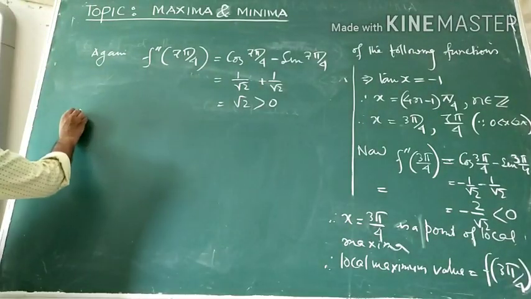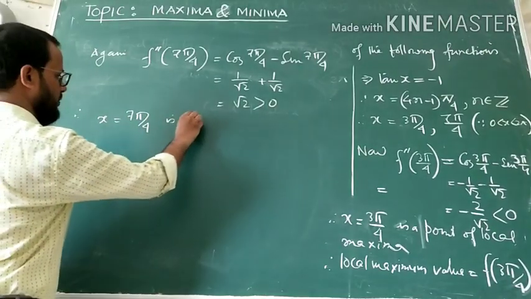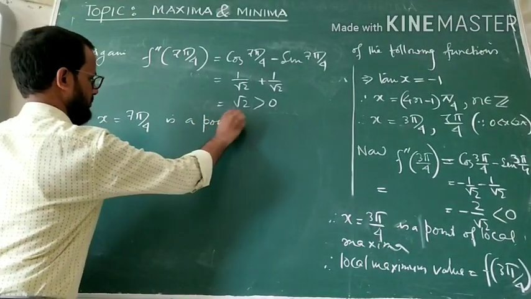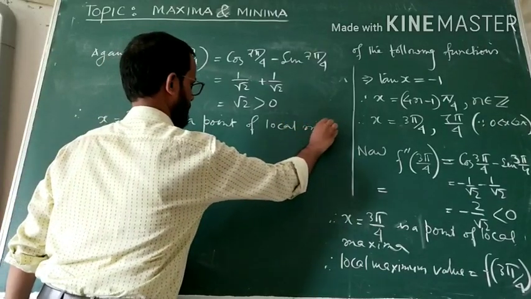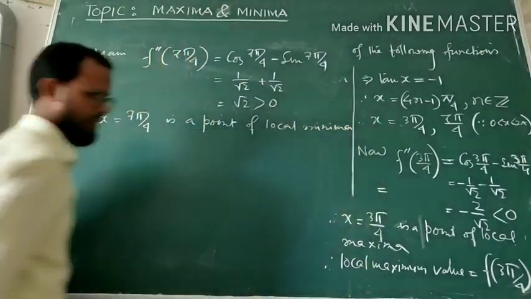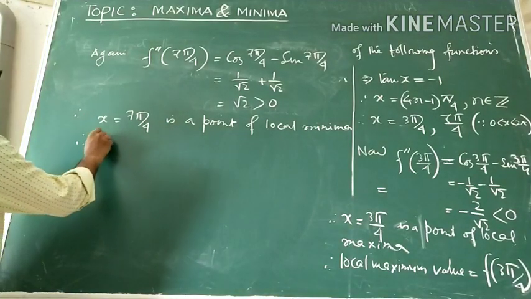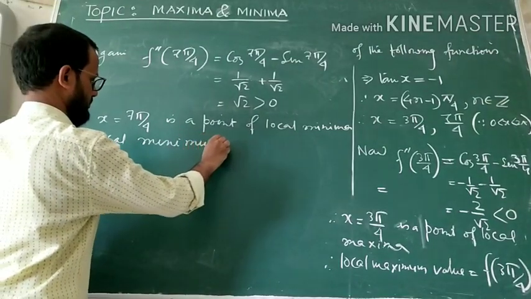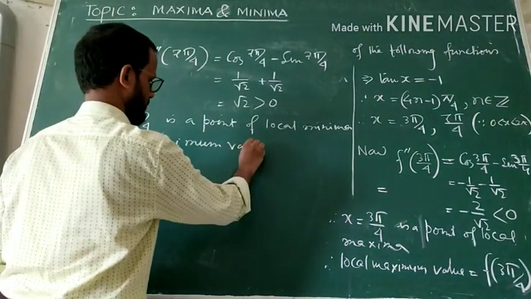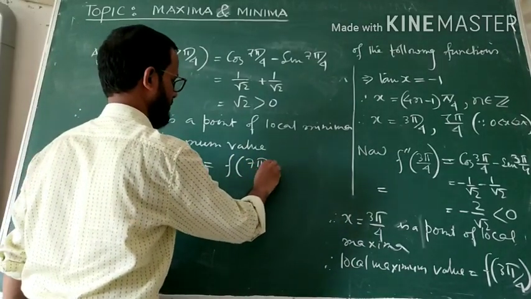So we conclude that x equals 7 pi by 4 is a point of local minima, and the local minimum value is f of 7 pi by 4.